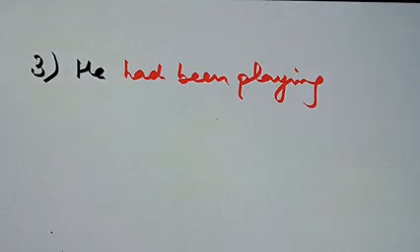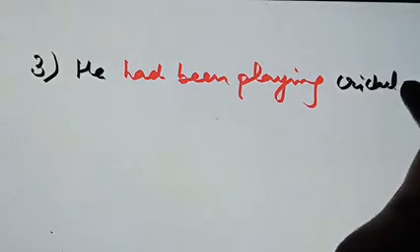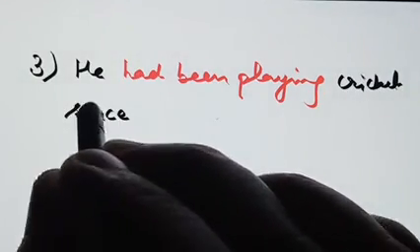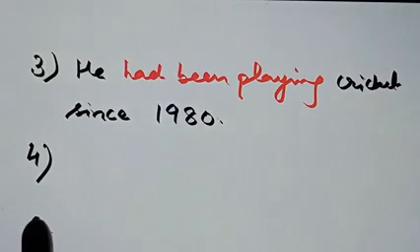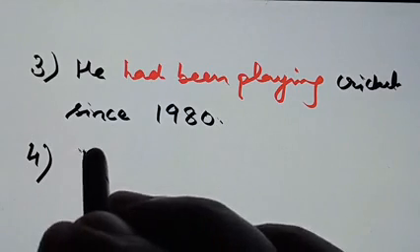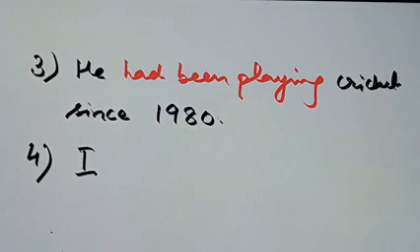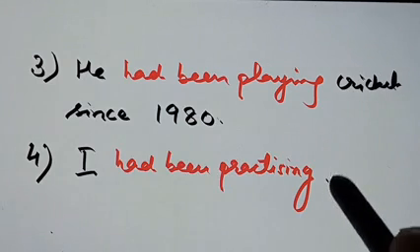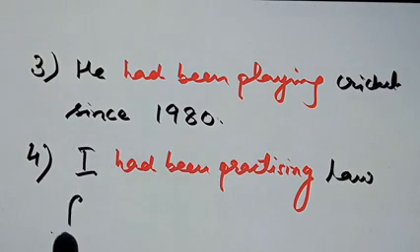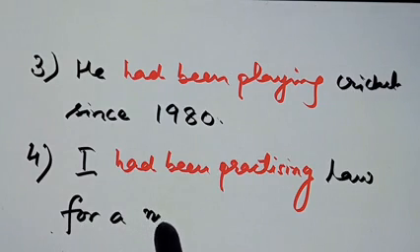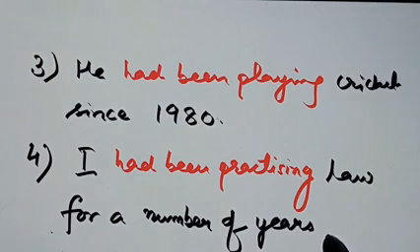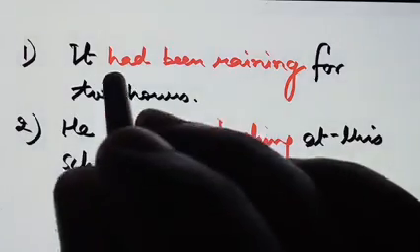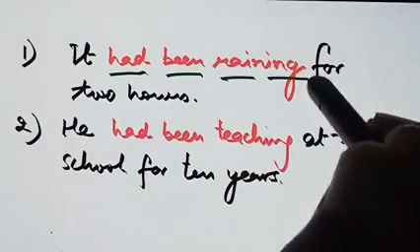He had been playing cricket since 1980. And one more sentence we will take up, the last one. I had been practicing law for a number of years. So we see had plus been plus first form plus ing in all these sentences.